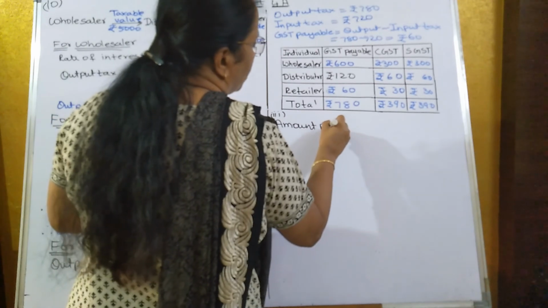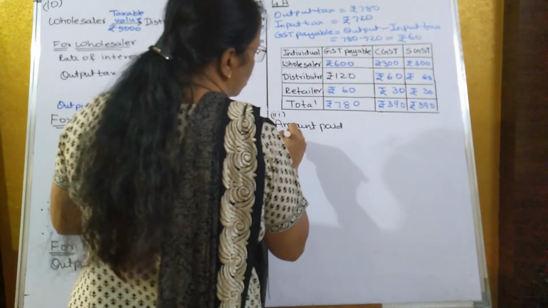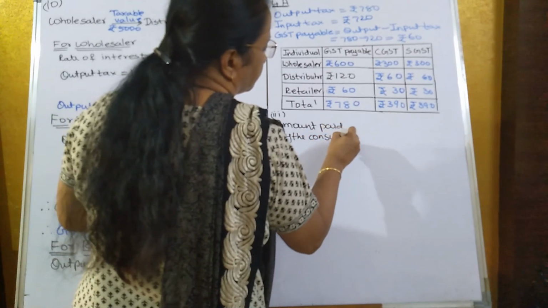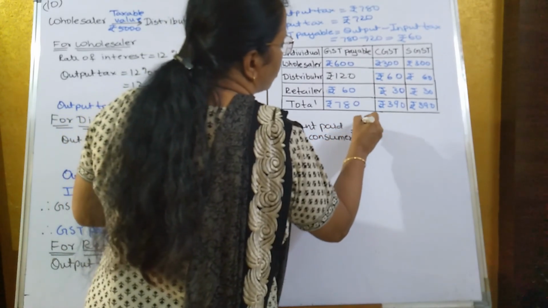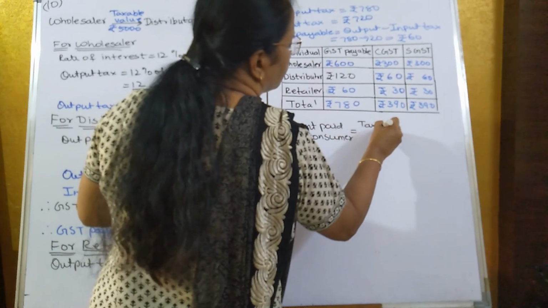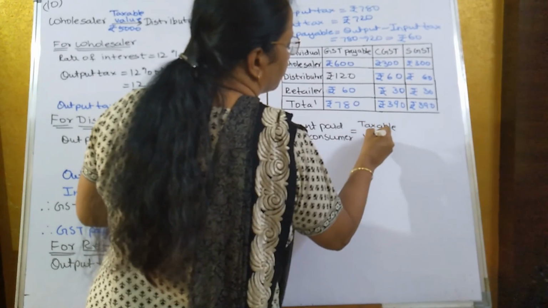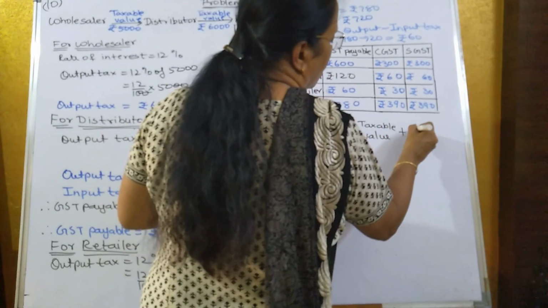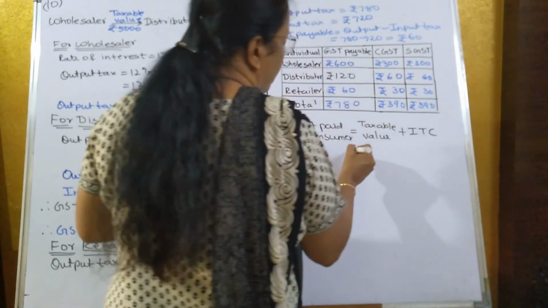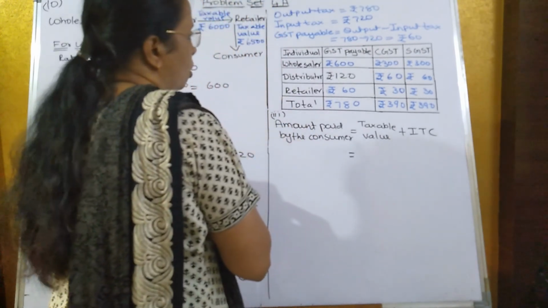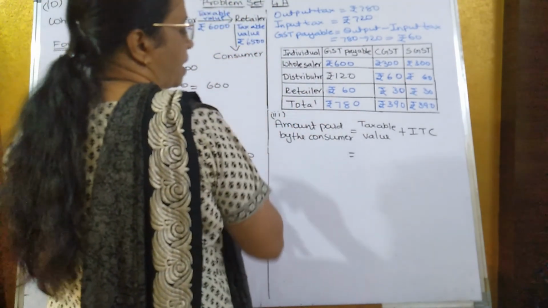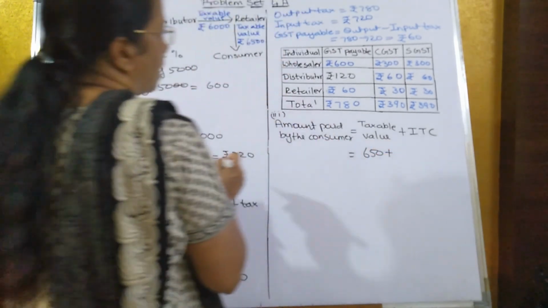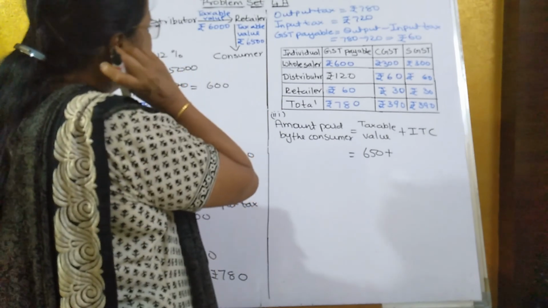The amount paid by the consumer is equal to taxable value plus ITC, or the input tax. So taxable value is equal to 6,500 plus ITC was how much? 780.